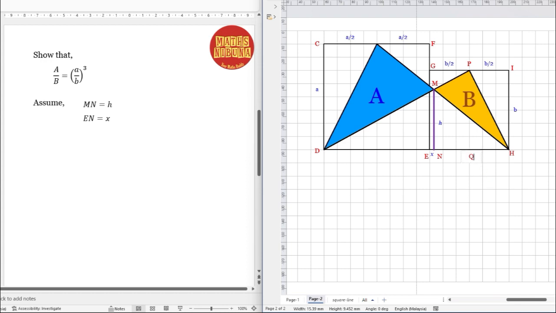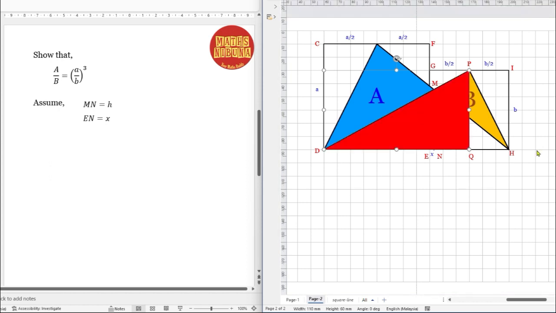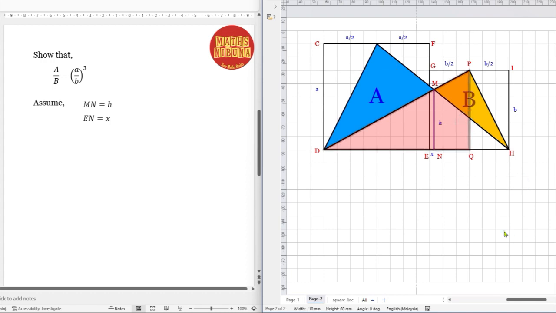Now I draw a triangle from D to P, P to Q, and then Q to D. Let's put red color. This is our new triangle.